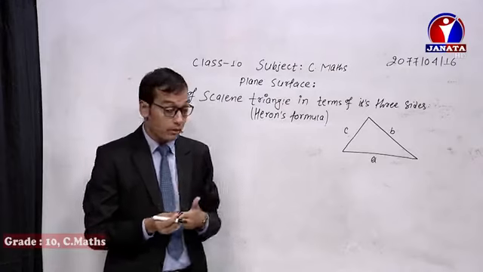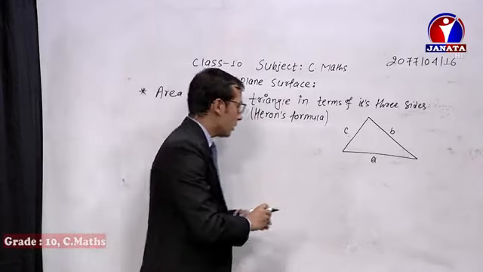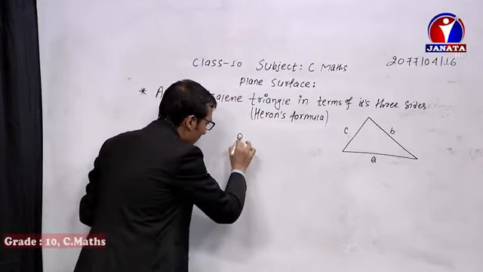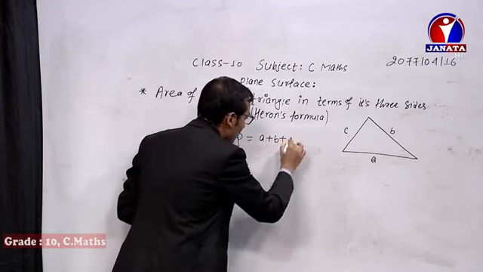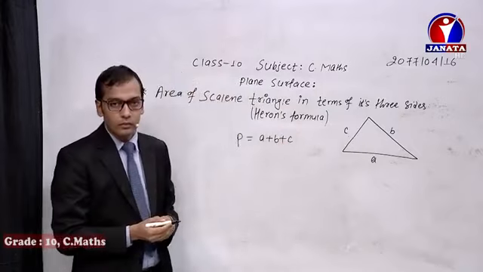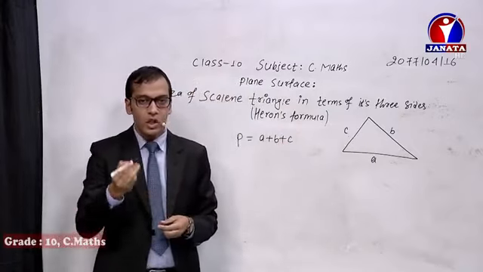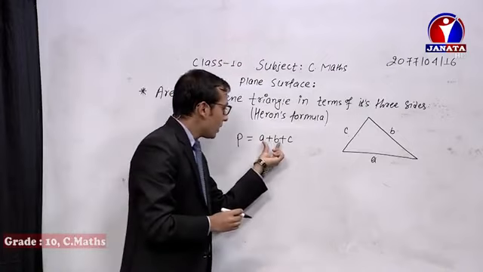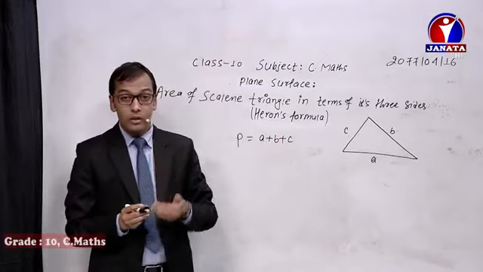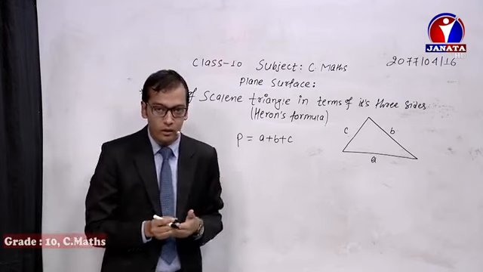What is the perimeter of a triangle? We denote the perimeter of a triangle by P. The perimeter of a triangle is the sum of the sides. The sum of the lengths of the three sides of a triangle gives the perimeter. So a plus b plus c is the perimeter of this triangle.